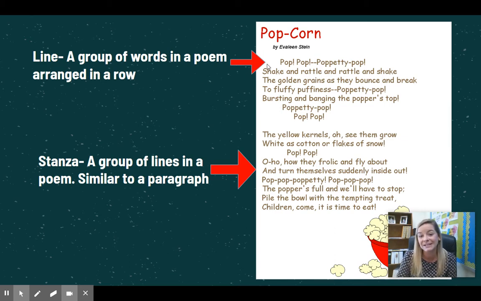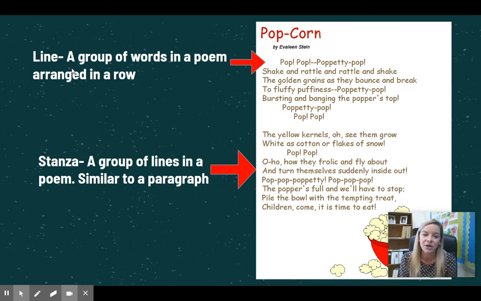You can see the first line in this poem about popcorn is "pop, pop, poppity pop." That is the first line. The second line is "shake and rattle and shake." You can see they don't even have periods on the end of all of these lines because they're not complete sentences. So we call those group of words in a poem that are arranged in a row a line.